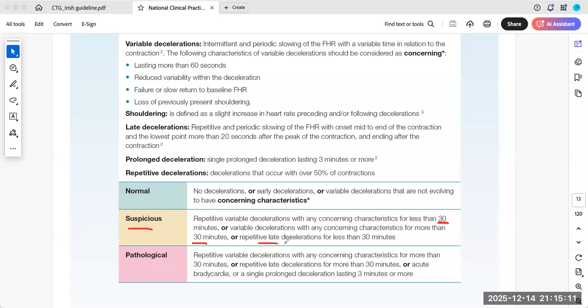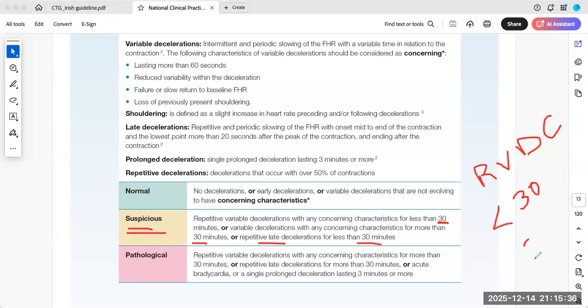Or if I have repetitive late deceleration, but less than 30 minutes, also suspicious. So if I have, again, repetitive variable deceleration with concerning characteristic for less than 30 minutes, it's suspicious.